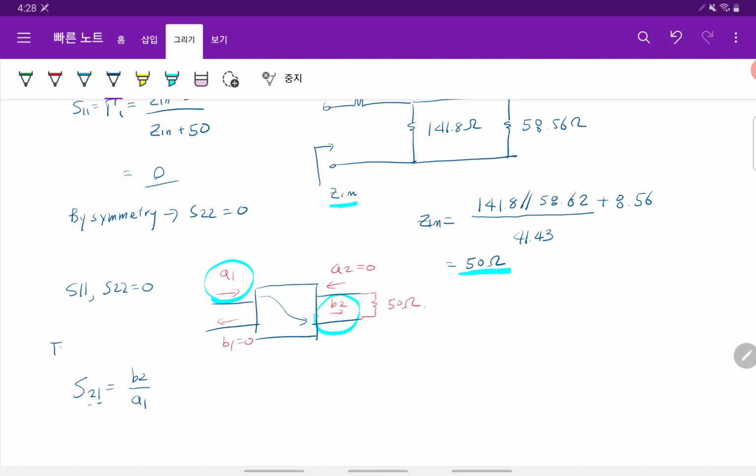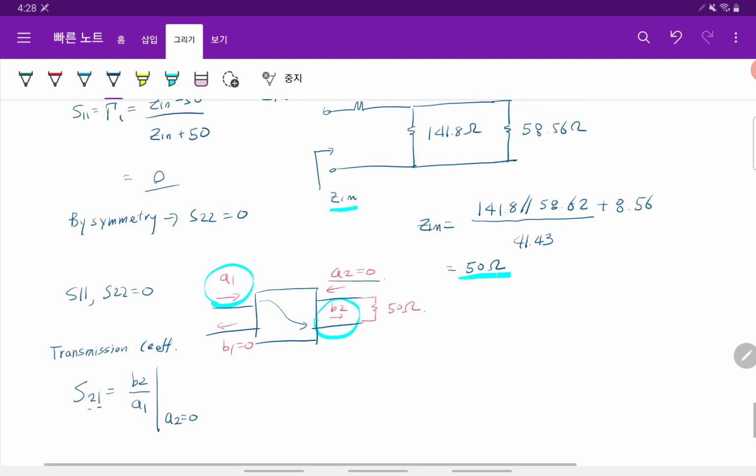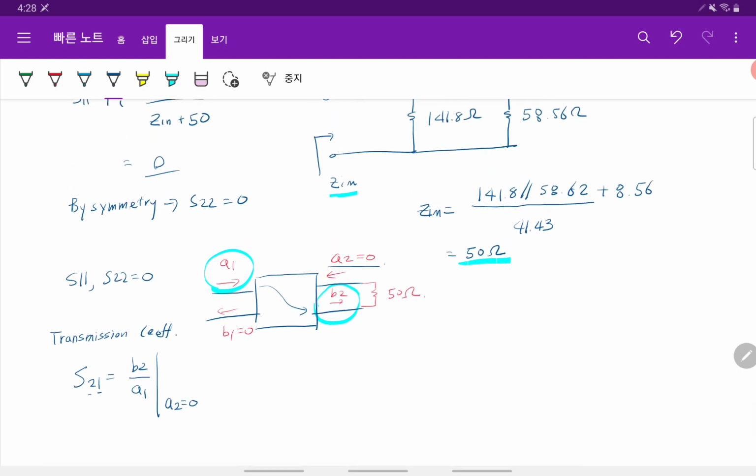This is the transmission coefficient. So for this case, A2 is 0, right? For this S21, we connect 50 ohm to make A2 0.